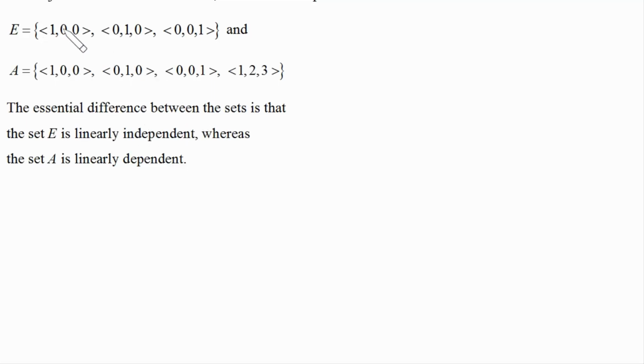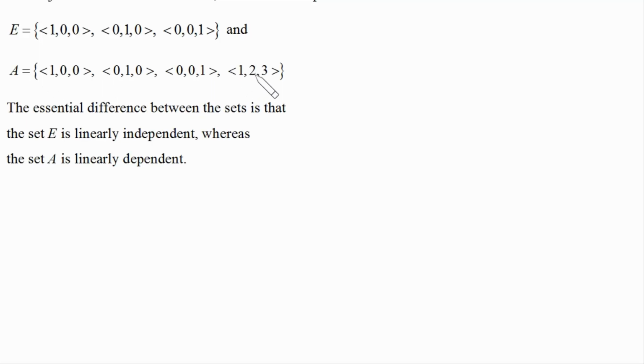One of the definitions of linearly independent is that no one is a linear combination of the others, and I think in this case that's fairly clear. For example, you can't get 0, 0, 1 as a combination of these 2. And similarly, or contrarily, A is linearly dependent, because you can get 1 as a linear combination of the others.